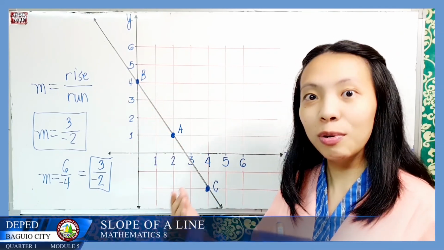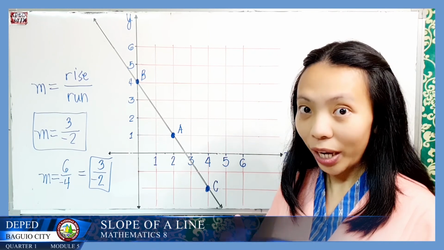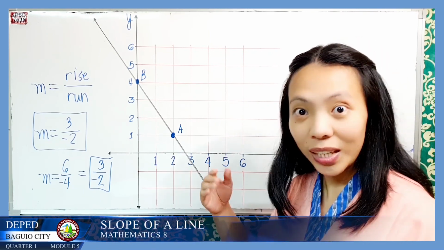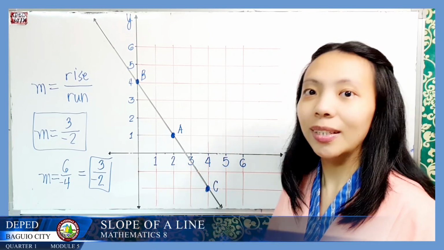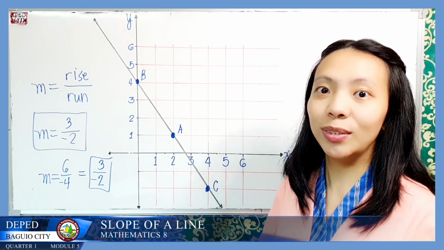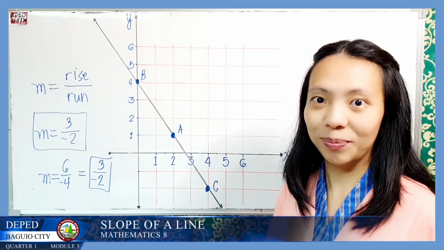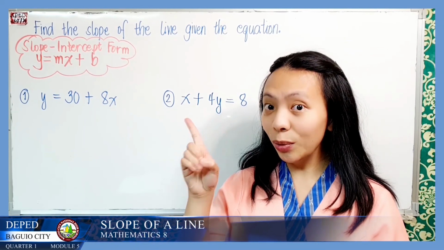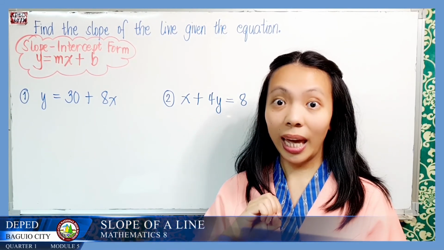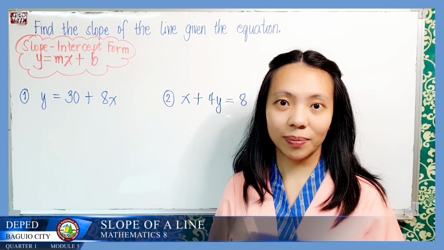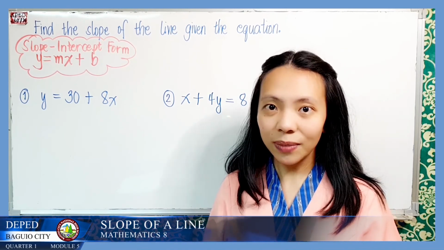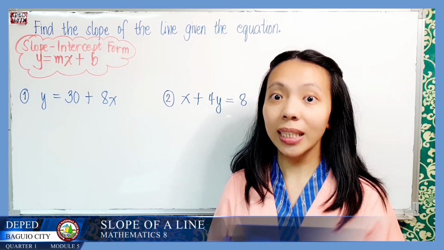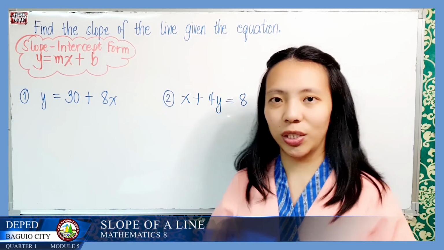Any 2 points on the same line will result in the same slope. We are done finding the slope of a line using any 2 points on the line and the graph of the line. This time, let's find out the slope of a line given its equation.